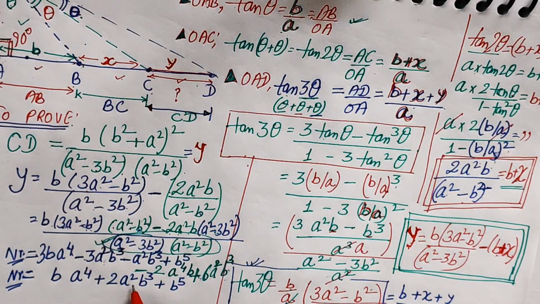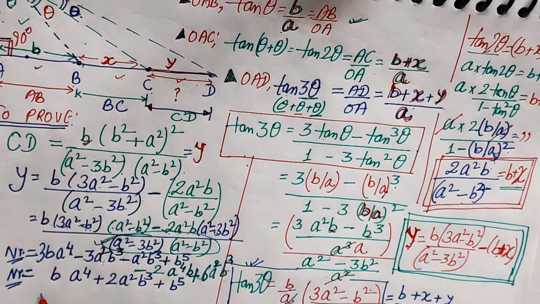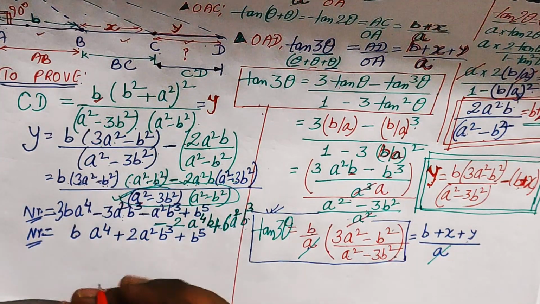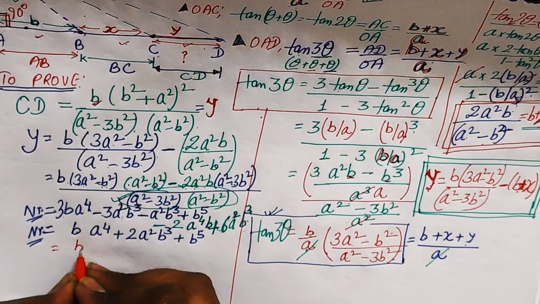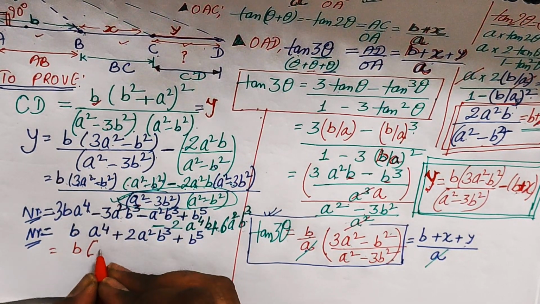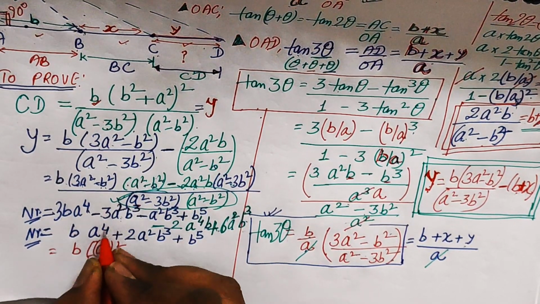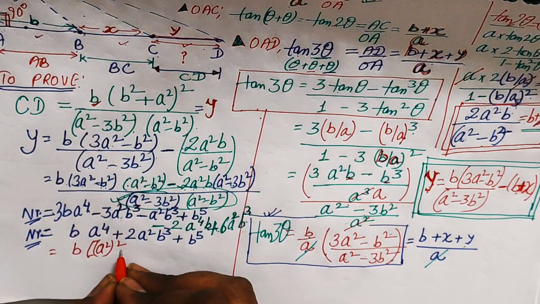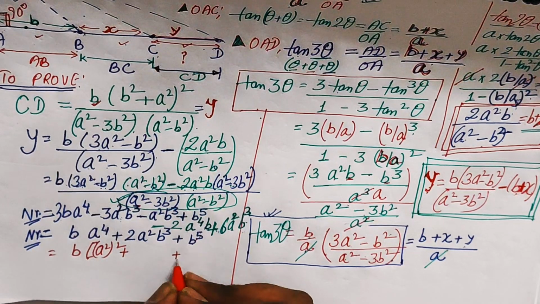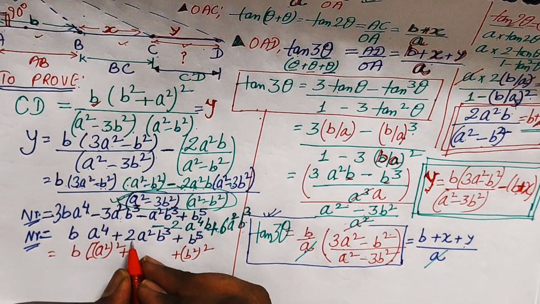If b is taken common, then we have b times a square whole square instead of a power 4, plus b square whole square, and 2a square b square.